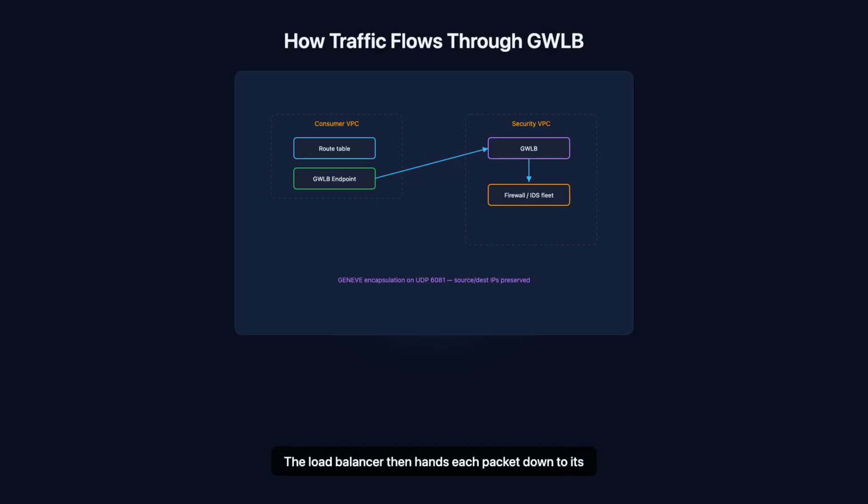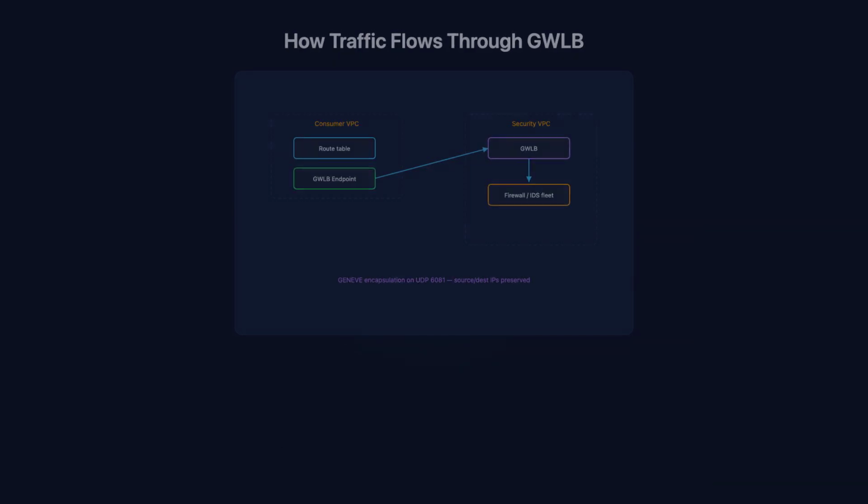The load balancer then hands each packet down to its firewall or intrusion detection fleet for inspection. And all of that transport happens using GENEVE encapsulation on UDP port 6081, with the original source and destination IPs preserved end-to-end. The appliances scale independently, and route tables never change when capacity does.